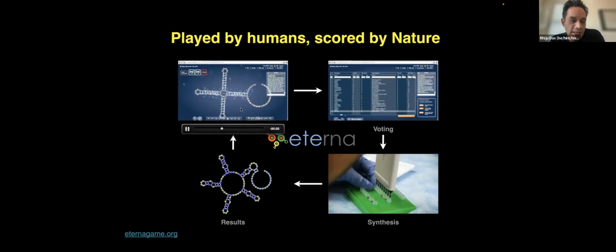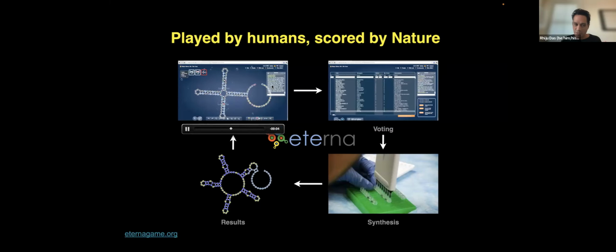And through this virtuous cycle of video game playing and wet lab feedback, Eterna has now put out over 30 peer-reviewed manuscripts, many of which include players as co-authors. And in fact, several of them have been written entirely by the players themselves.